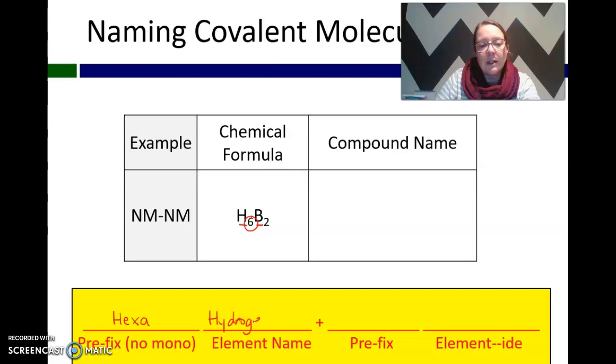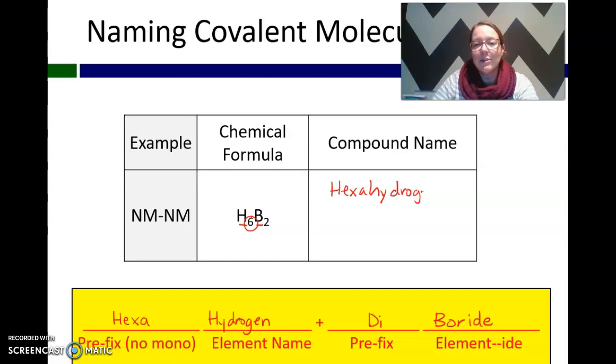We have hydrogen, and now we're on to our next element, which is boron. First, we utilize the prefix di because there are 2 atoms of boron, and then we simply write the element, but we can't write boron. We change the name to boride. So if I were to write this out in 2 words, the first name, if you will, of the covalent molecule is hexahydrogen, and the last name is diboride. There you go. That's it.